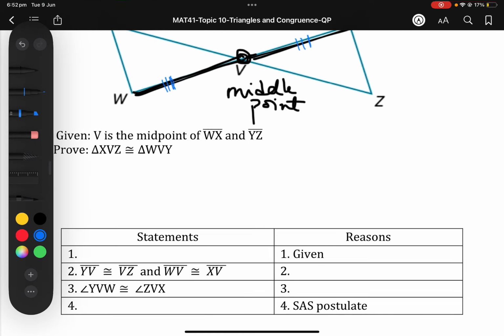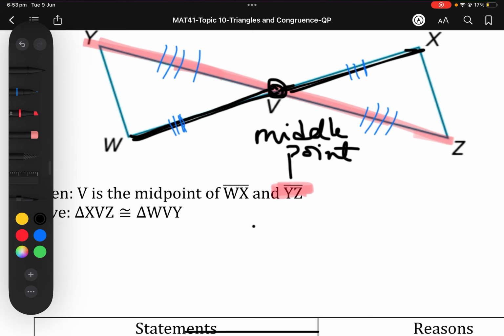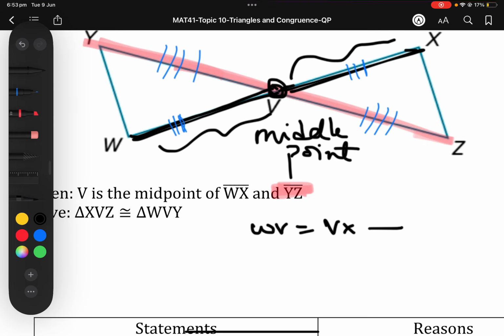So the first thing that we will write is, after it they said that it is also a midpoint of YZ. So that means this side is divided, and it is equal to this side. So the two pieces of information given, what I can infer from this is WV, this part, is equal to the VX part. This is one.